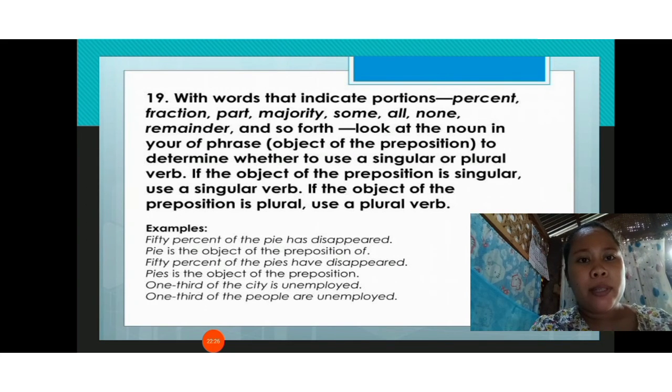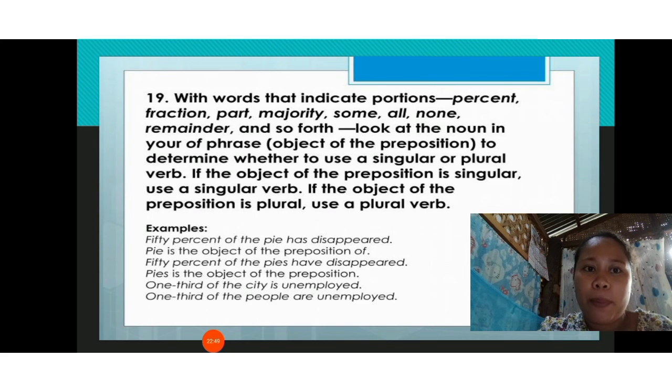For example, 50% of the pie has disappeared. Let's take a look at our object of the preposition. We have of the pie, so this is singular, and we use the singular form of the verb, has.